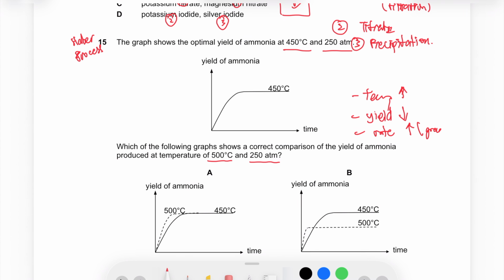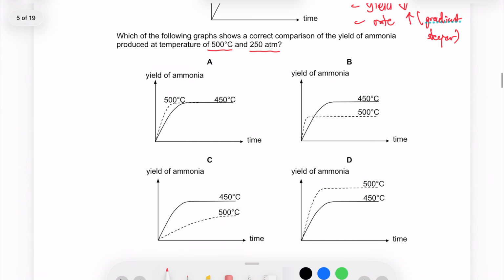So the gradient is steeper, but the yield will be lower. So B looks good. A steeper gradient, so it's correct. And this is a steeper gradient as well, correct.